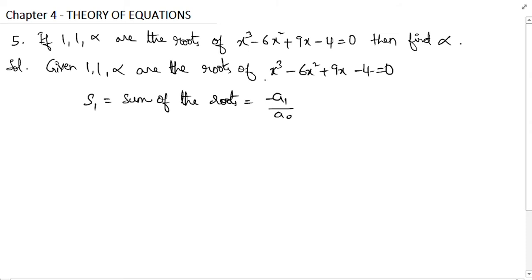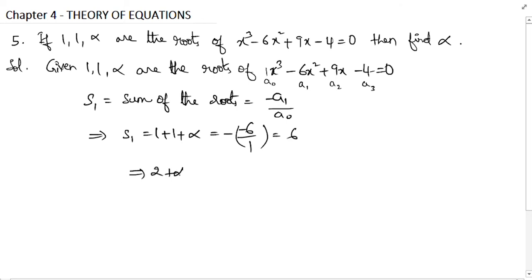Here this is our a0, that is 1, this is a1, this is a2 and this is a3. So the sum of the roots, S1, is 1 plus 1 plus alpha is equal to minus a1 by a0, that is minus 6 by 1. So this becomes plus 6. That implies 2 plus alpha is equal to 6, which implies that alpha is equal to 6 minus 2, that is 4. So alpha is equal to 4 is our answer.